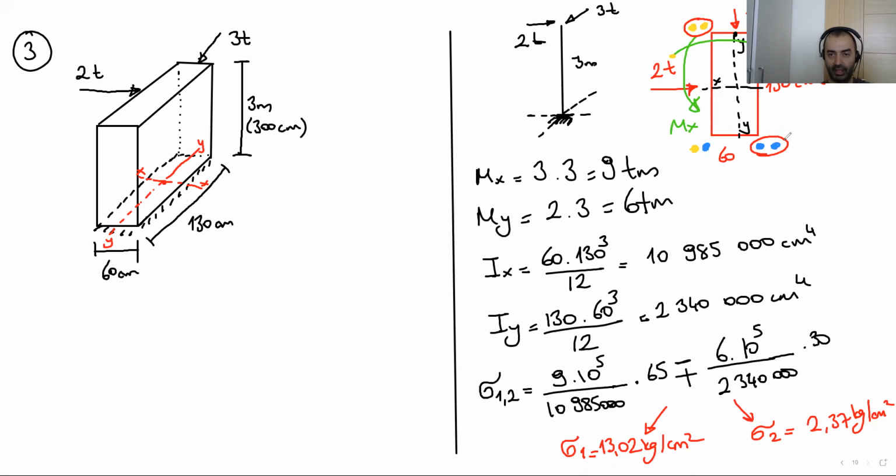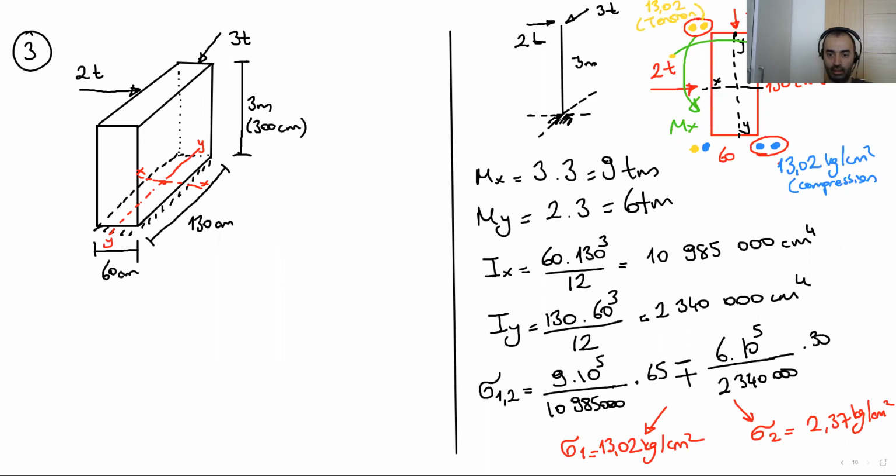So we can say this is the compression. Let me write, totally compression stress here. And I'm going to have totally tension stress here.